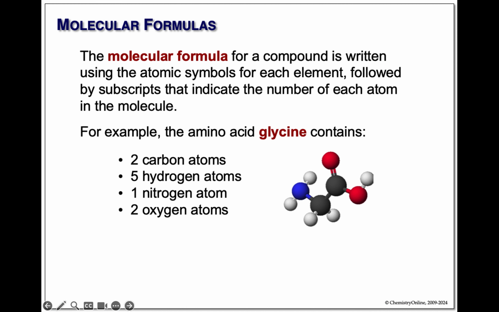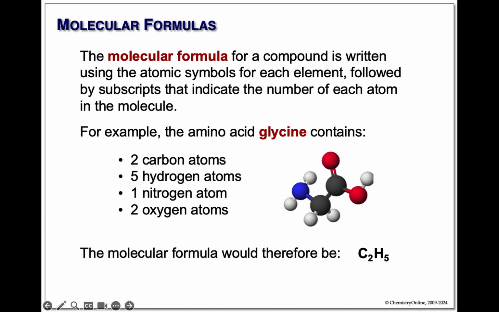If we were to write the molecular formula, we could just simply say C2H5NO2. Now that gives us the ratio of all the atoms. We can do mole ratios and stuff like that. But it tells you nothing about what the molecule looks like.